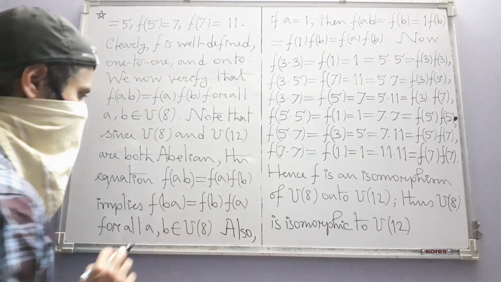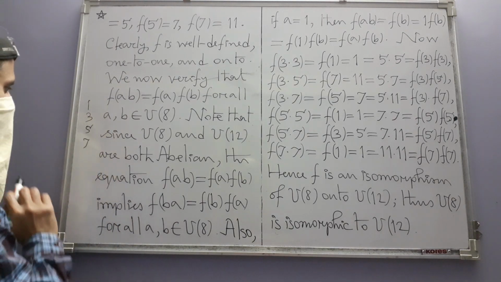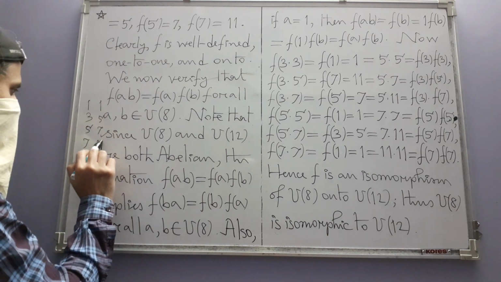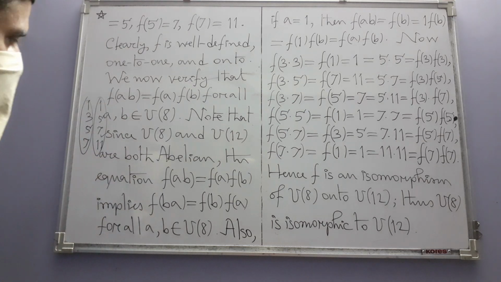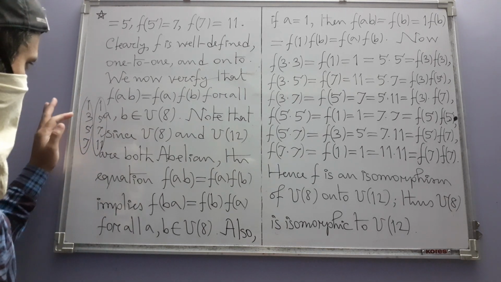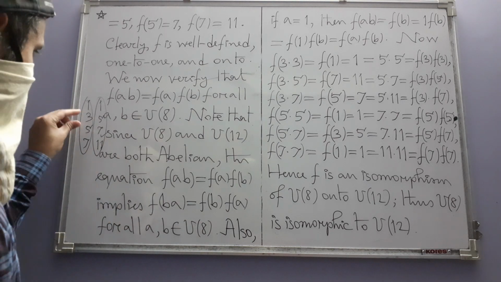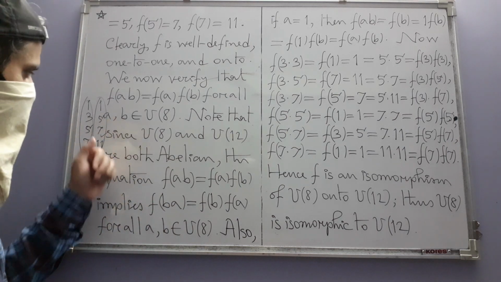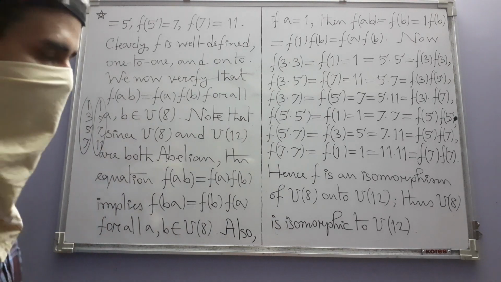You can see here, on one hand, you have the elements 1, 3, 5, 7. On the other hand, you have the elements 1, 5, 7, 11. Now it is like two worlds, say there is a mirror. On this side of the mirror, you have one world in which something goes on. Whenever two elements interact, you get another element. When their mirror images interact, you also get another element in the mirror world.